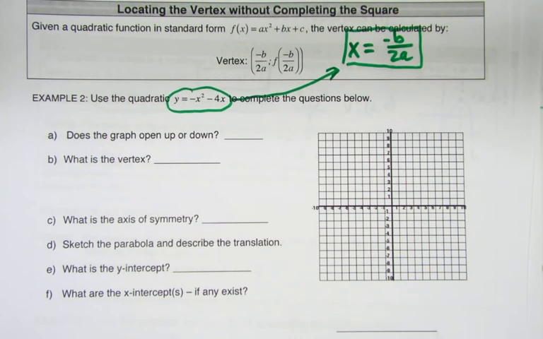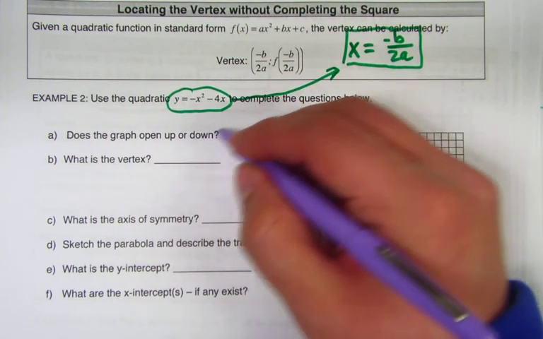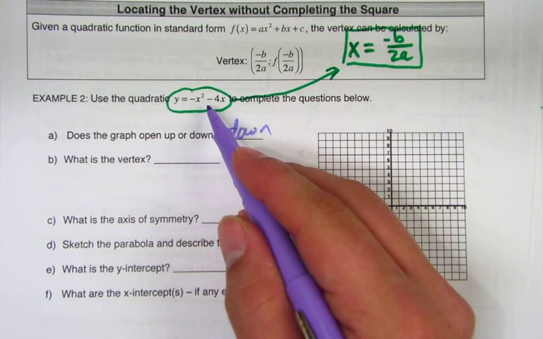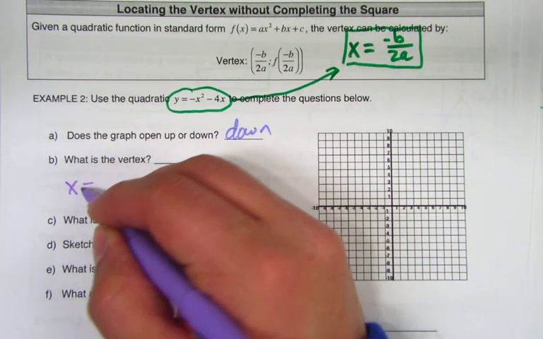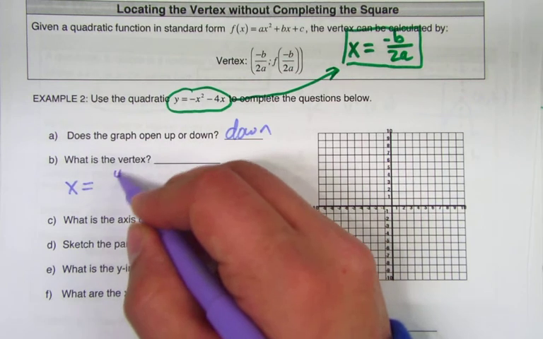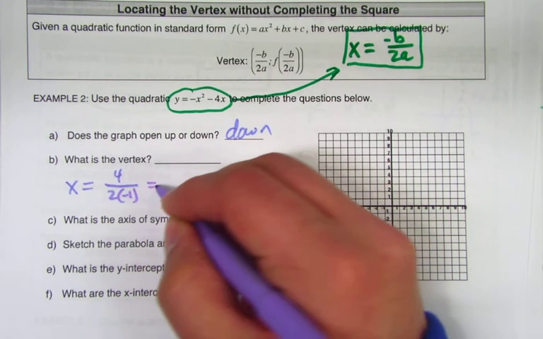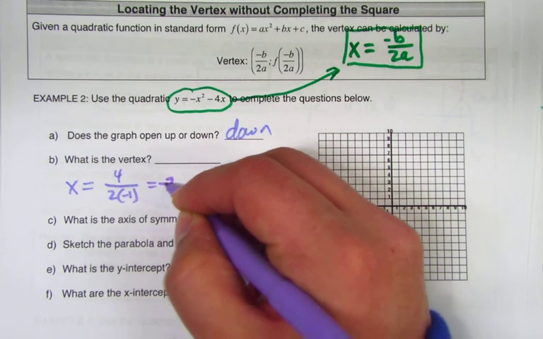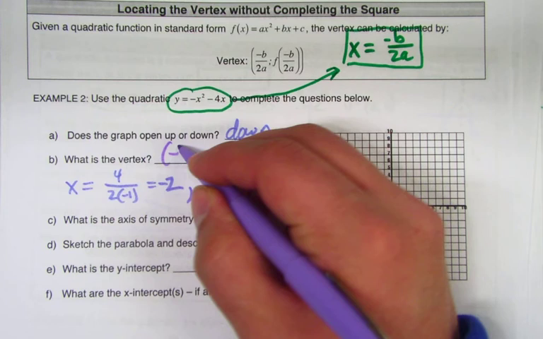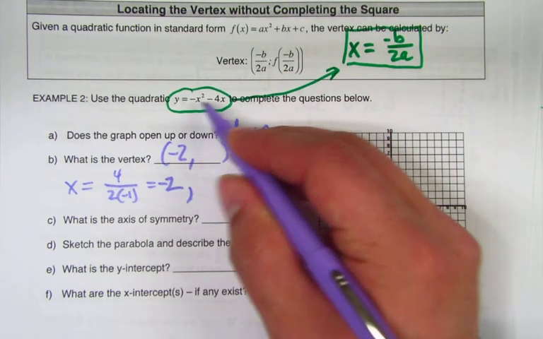Okay? So for this last example, I see a negative in front, so that tells me that it's definitely going to open down. The vertex, I don't know by looking at it, but if I follow the shortcut, the opposite of b, that's going to be +4, divided by 2 times a, which is -1. I'm getting an x-coordinate of -2. Well, to find the y-coordinate, you can now take -2 and plug it in.